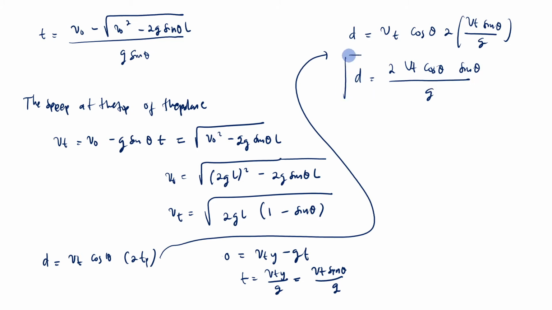This is the usual form of the range of the resulting projectile motion, and substituting Vo equals 2gL, this equals d equals 2 times the square root of 2gL times 1 minus sin theta.